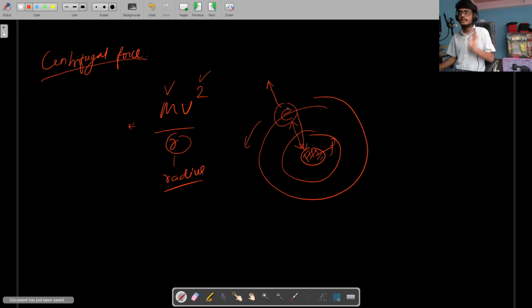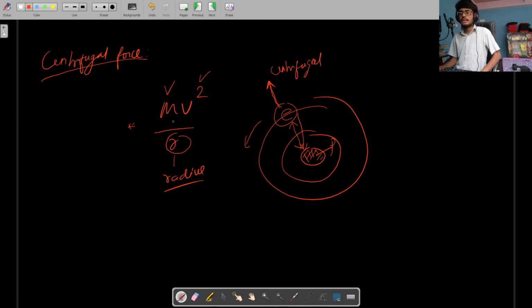Now, since the electron is not going in or going out unless some energy is supplied, in the normal, unexcited state, it's not going anywhere. The electron is continuing its rotation, which basically means there is a force that is equal and opposite to the force exerted by the proton on the electron. So that is the centrifugal force, right?